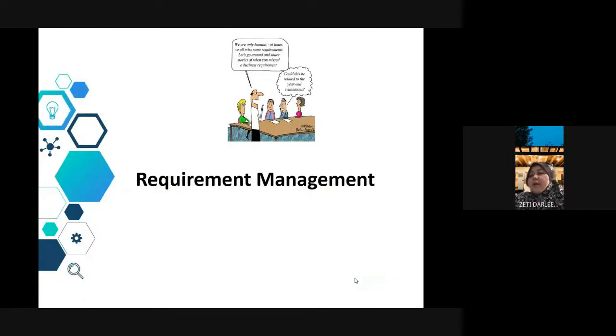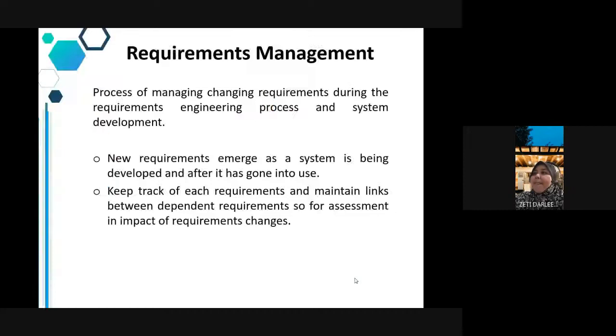And then the last, I think, subtopic for today is the requirement management, the soft part of it. All right, the process of managing changing requirements. So during the requirement engineering phase, there are things that can come up.